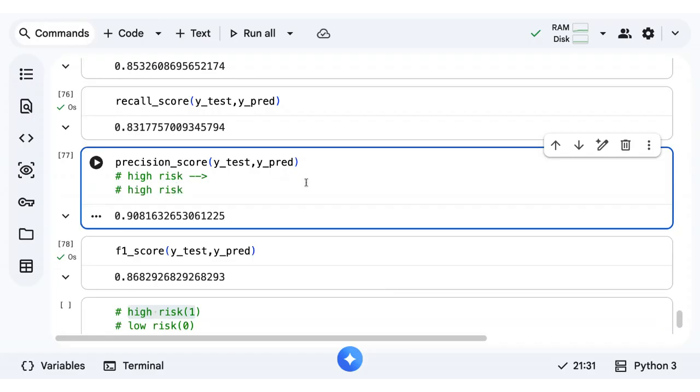So two scenarios we have. How many high risk predicted as low risk? And how many high risk predicted as high risk? So your precision says that 90% of the high risk people have been predicted as high risk, and the remaining 10% it has done like this.